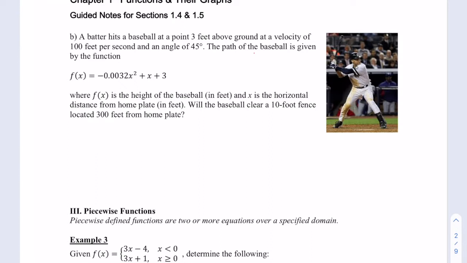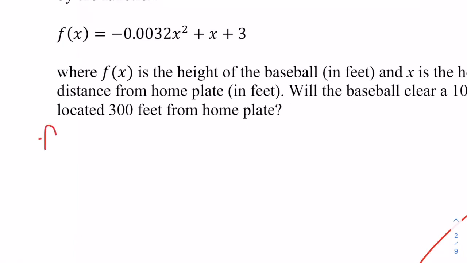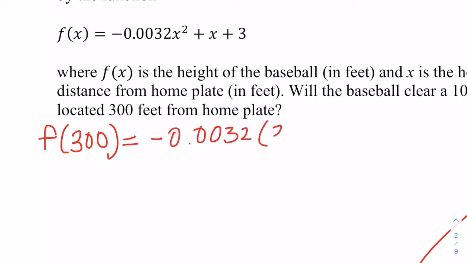Now we have to decide and figure out if Derek Jeter's hit, which looks like a downward opening parabola, will clear a fence that's 300 feet away. And this fence is 10 feet high. So if we plug in 300 into the function, and this y value is greater than 10, then we know that this baseball will clear that fence.